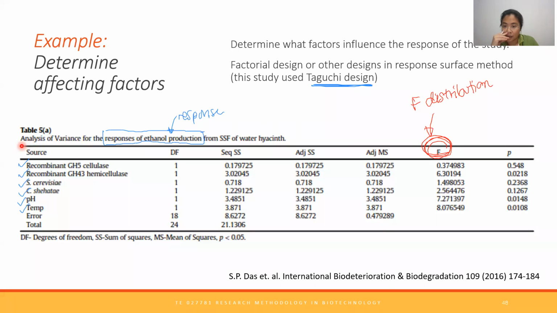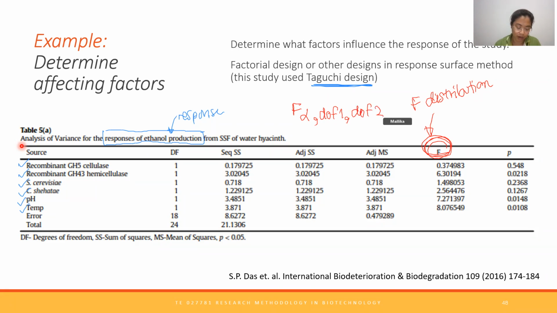And if you have some basis of F distribution, you know that you can find the F critical if you know the alpha that you use, and you know the DOF1 and DOF2, okay?